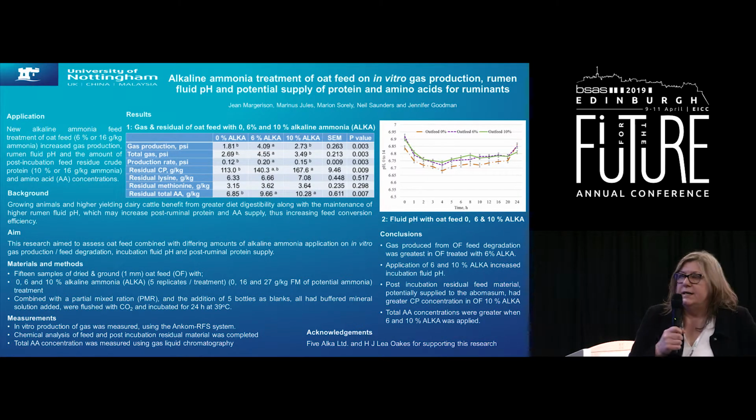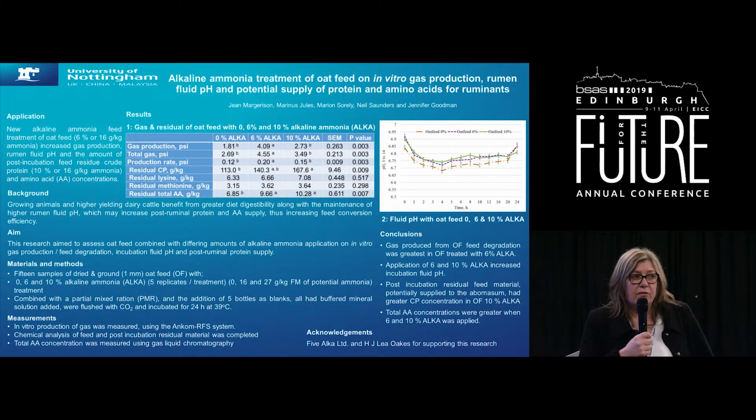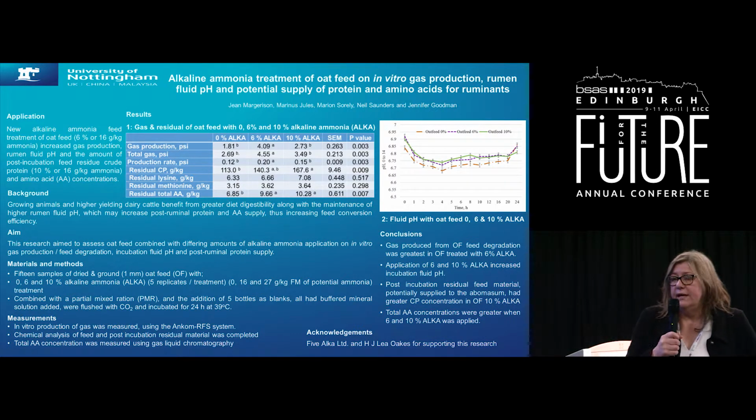In terms of lysine and methionine, there wasn't a significant difference in the amount of methionine and lysine being supplied, and we're clearly interested in those two because they're often used as supplements for dairy cows, in particular in high yielding status.